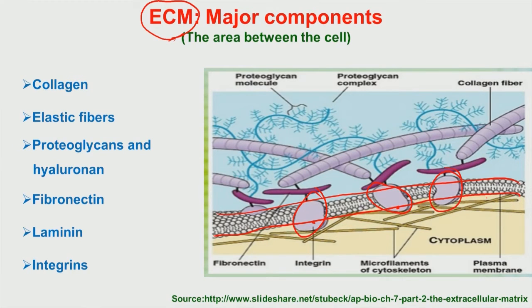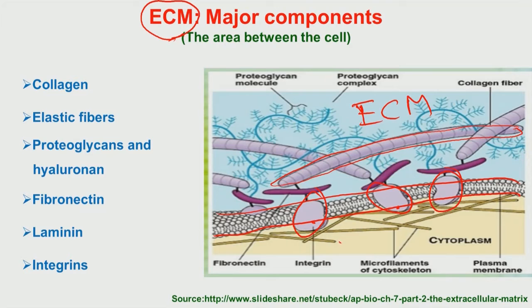Outside the cell, that means towards the other side of the cell membrane, opposite to the cytoskeleton or cytoplasm, this entire space has different biological macromolecules and collagenous proteins. This space is very important as far as the functionality of the cells is concerned, and this space is known as the extracellular matrix.